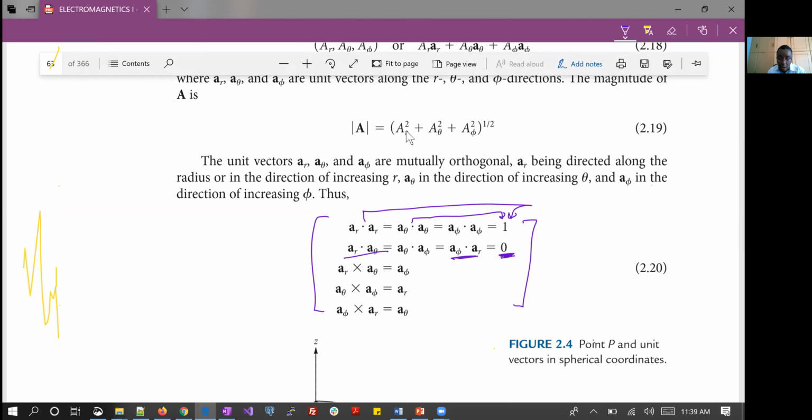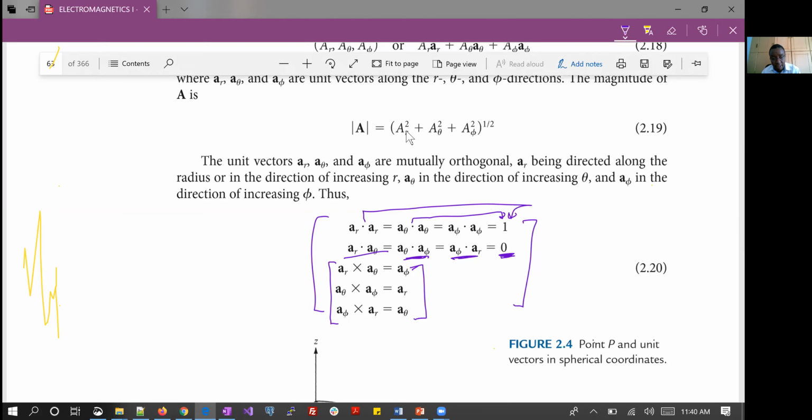And now here's why I was saying over and over again that you need to be very cautious about the position of phi in the spherical coordinate system, because you can see AR cross A theta is equal to A phi. If you confused the position of this one, you would actually say that this would become negative. But that's how it goes.